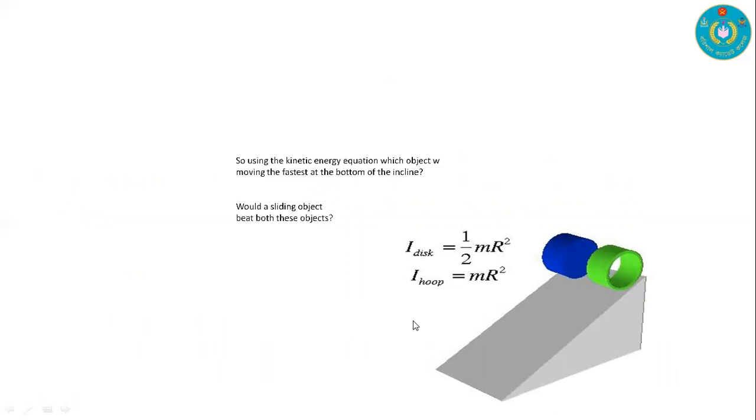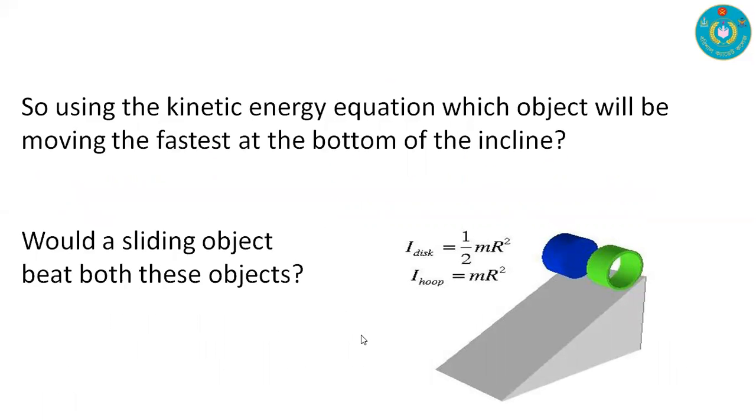For the disk and for the hoop, we have this equation. So using the kinetic energy equation, which object will be moving fastest at the bottom of the incline, or a sliding object, with both these objects? Now think about it.